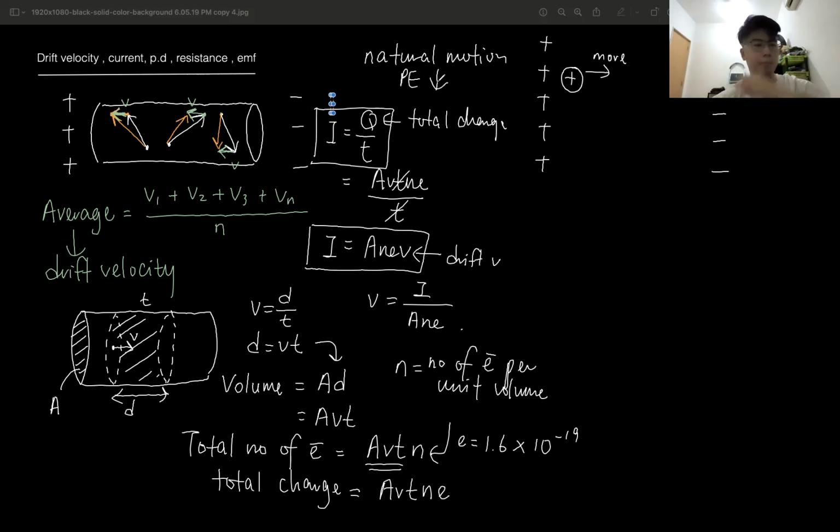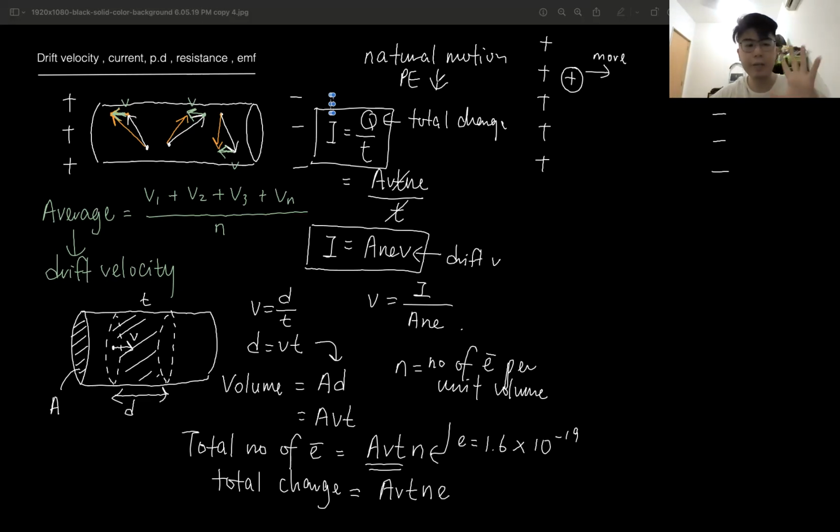Just like I drop an object from a certain height. I let go, it moves down. That is the natural motion. As it moves down, potential energy decreases. That is the gravitational potential. For this one, when I put a charge here, the charge repels and goes here. This is the natural motion. So whenever it goes in natural motion, the potential energy decreases.